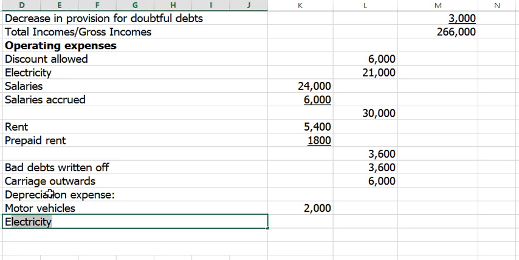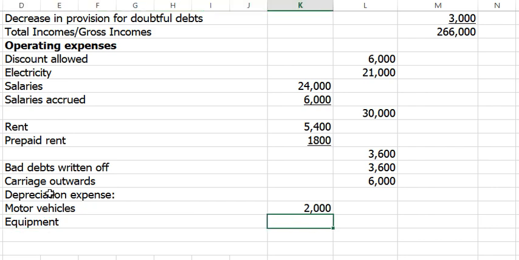Then the equipment, it's 4,000. When you add these two, that is 6,000. So those are your expenses.